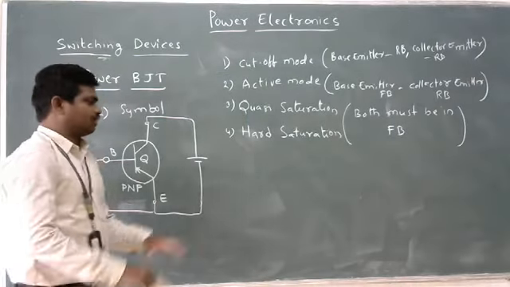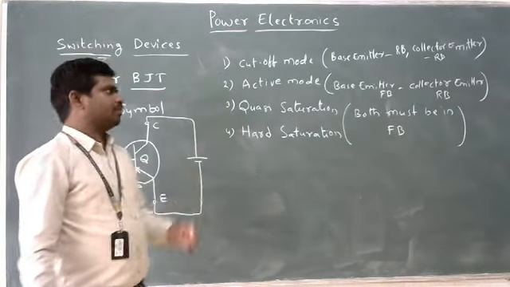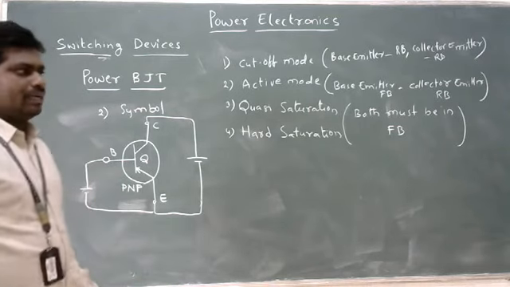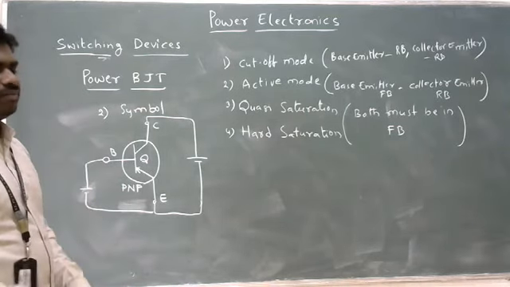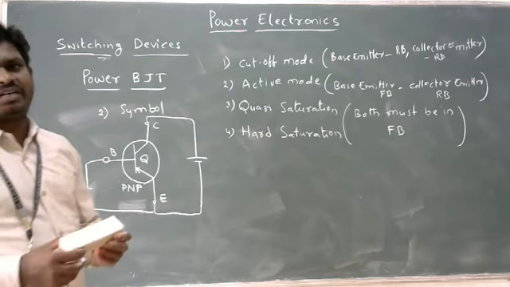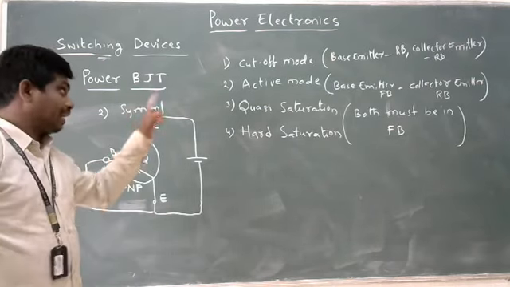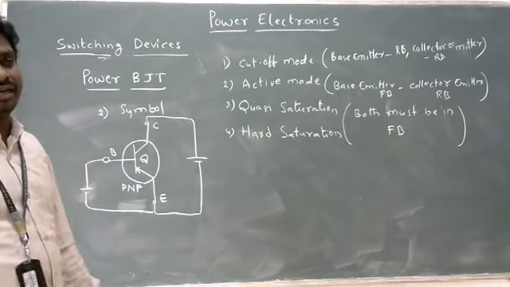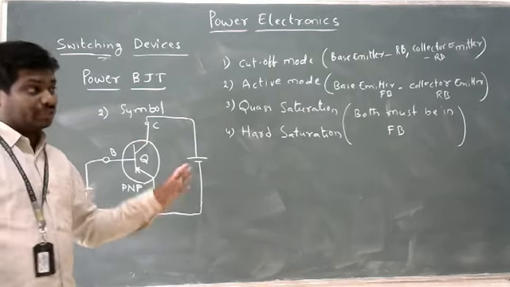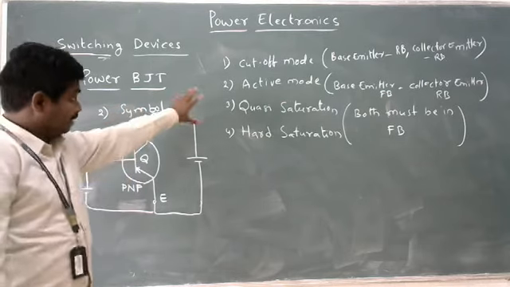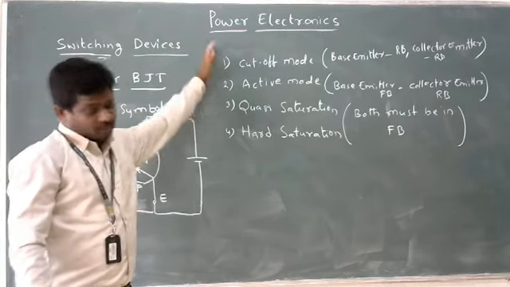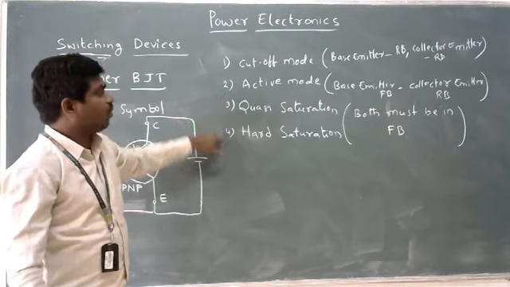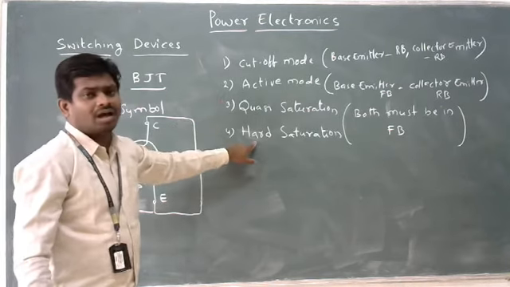What is the difference between quasi and hard saturation? In normal BJT operation we can see three modes of operation: cutoff mode, active mode, and saturation mode only. But in the power BJT, there exist four different modes of operation: two are quasi saturation and one is hard saturation.